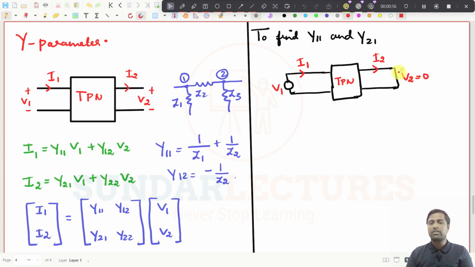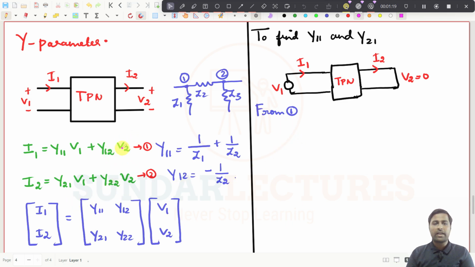V2 becomes 0 since we have short circuited. The potential difference between these two points becomes 0. So if this is expression number 1 and this is expression number 2, what will I get? From 1 I will directly write down the expression, and I'm not going to write an extra expression.